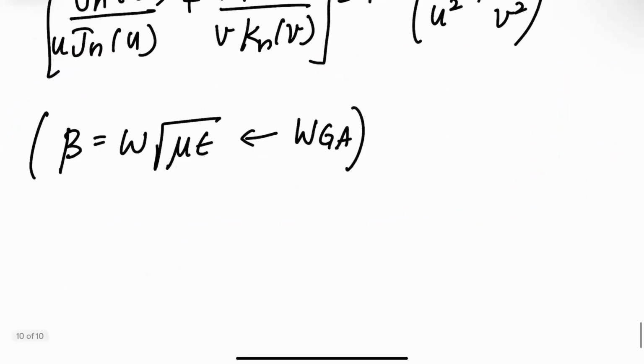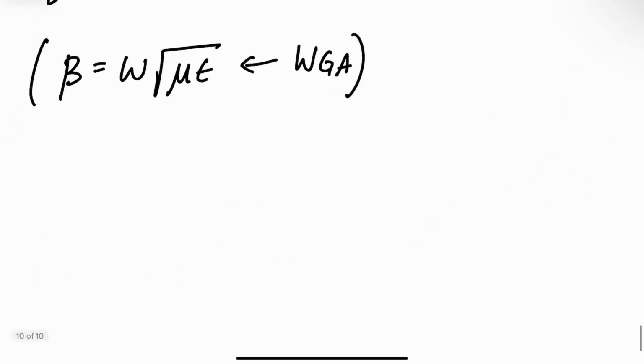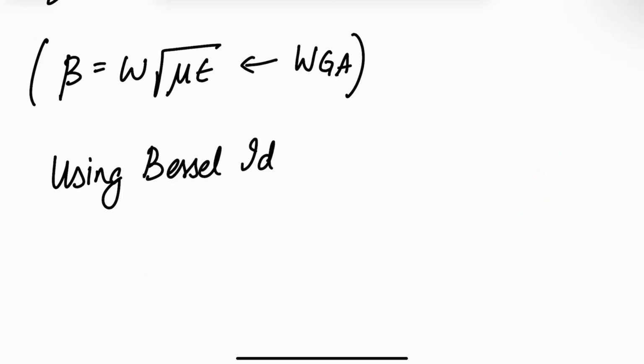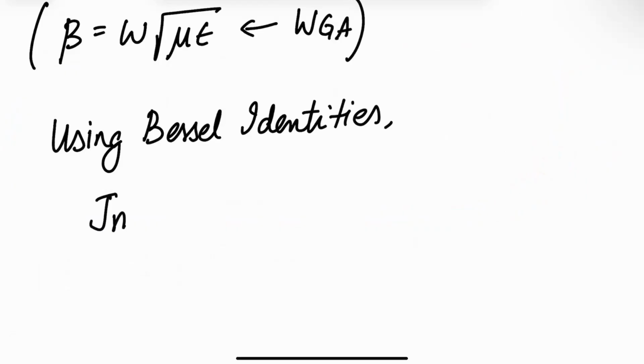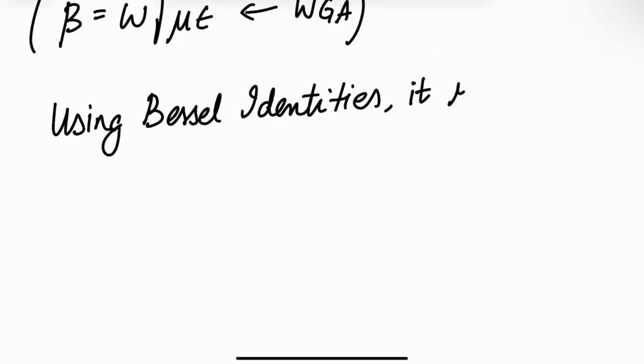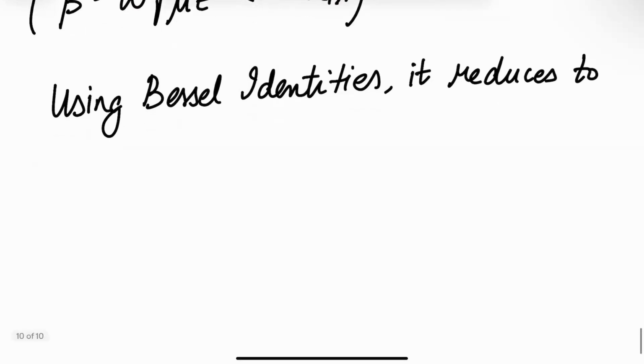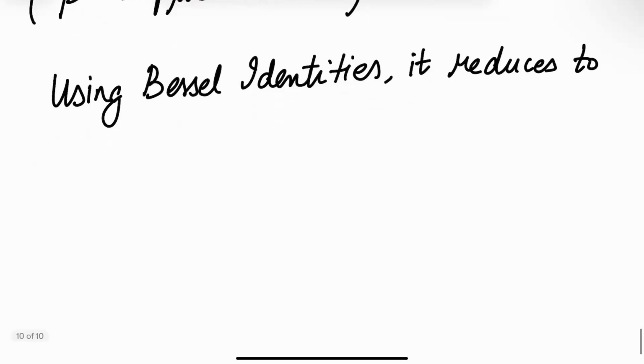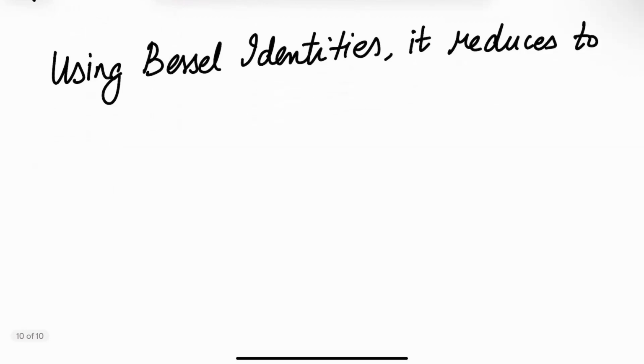We can actually reduce this even further by using a few Bessel identities. Using some Bessel identities, you can essentially replace the primes with some of the other terms with plus-minus coefficients.